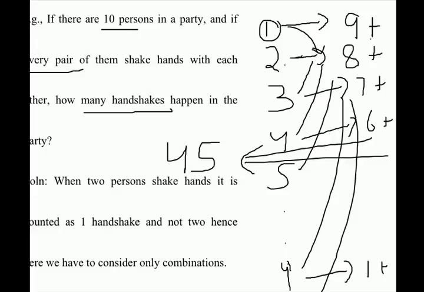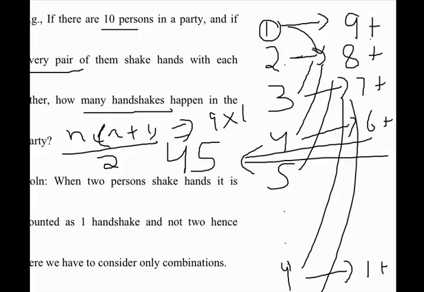You can also use the formula for doing this, which is basically the sum of first n natural numbers is n into n plus 1 divided by 2. So here n is 9, so this becomes 9 multiplied by 10 divided by 2, which is 45 again.